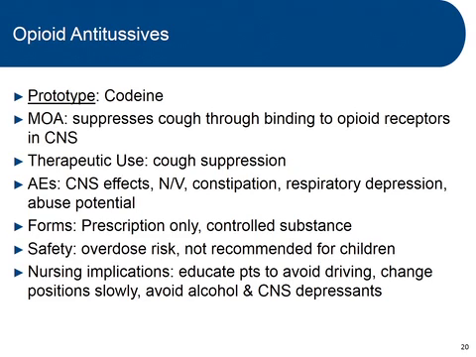However, there is not necessarily good evidence that they suppress the kind of cough that's associated with the common cold. But nevertheless, they're commonly prescribed for cough associated with the common cold. The prototype that we will talk about is codeine, and you guys should remember codeine.